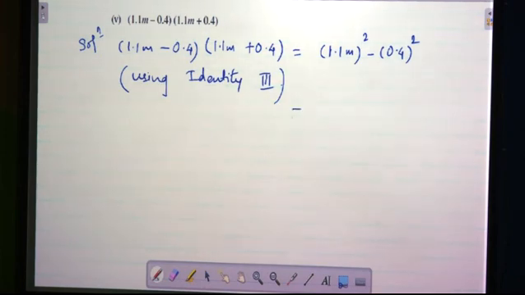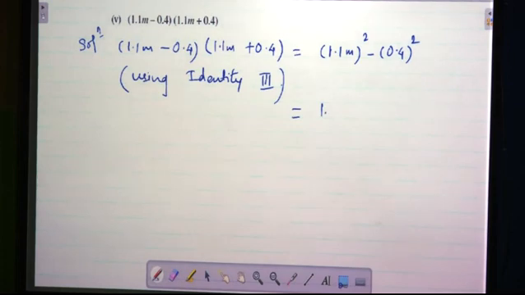The next step, 1.1 m bracket square. Suppose if we forget the decimal point, it becomes 11. 11 square is 121. After the decimal point, how many digits are present there? 2 digits, because 1.1 into 1.1.